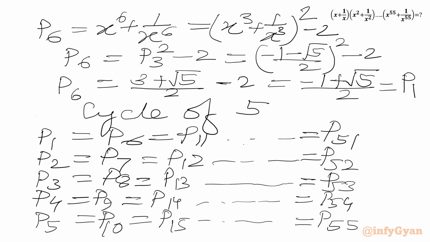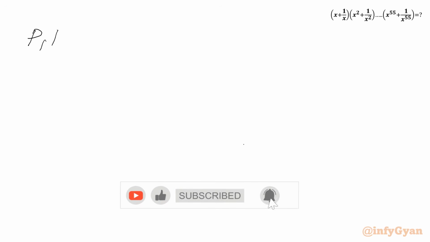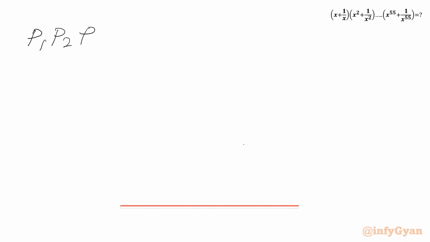So what we are going to do here, we are going to check the product of P1 to P5 so that we will find our overall P with the help of the product of P1 to P5. So I am writing here P1 times P2 times P3 times P4 times P5.